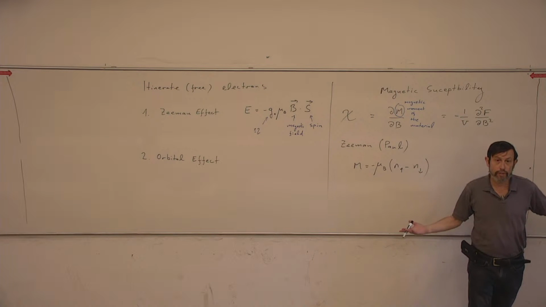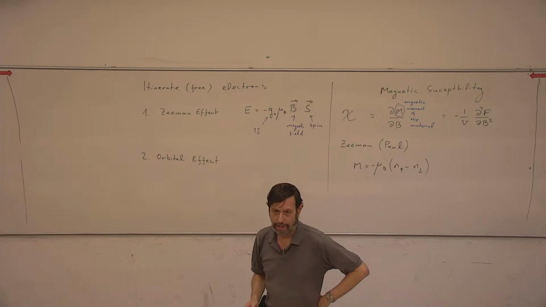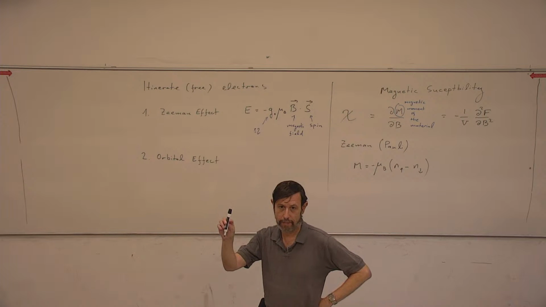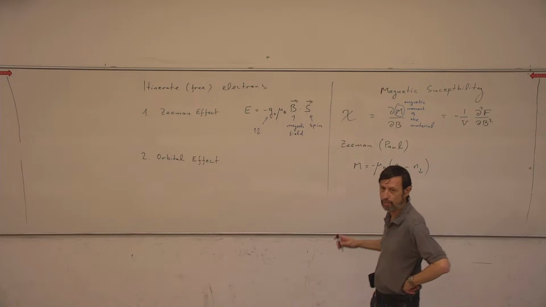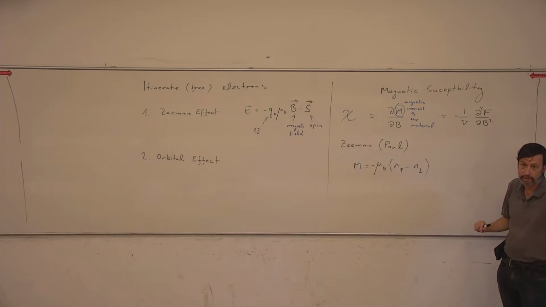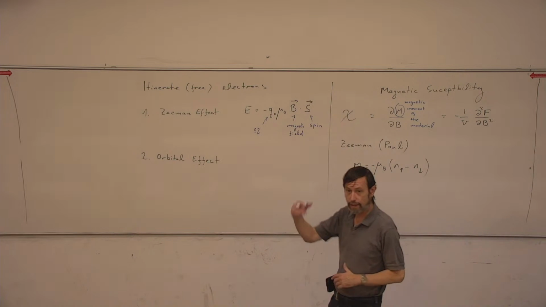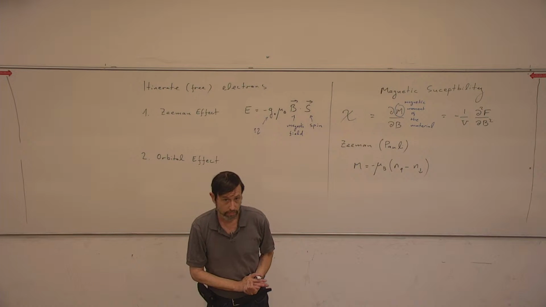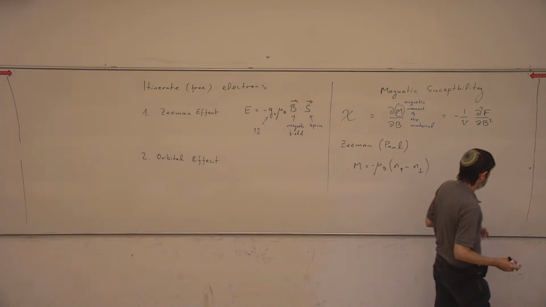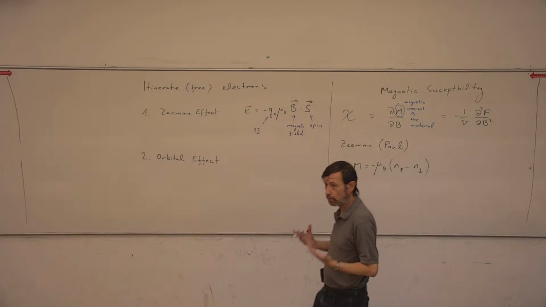So, simplest thing in the world: the magnetization is the number of electrons up minus the number of electrons down, and minus because of all the peculiarities with minuses that we have in electromagnetism. Okay, so it's just counting the number of electrons with spin up compared to the number of electrons with spin down. Okay, let's consider what can happen when we are putting a magnetic field on our system.